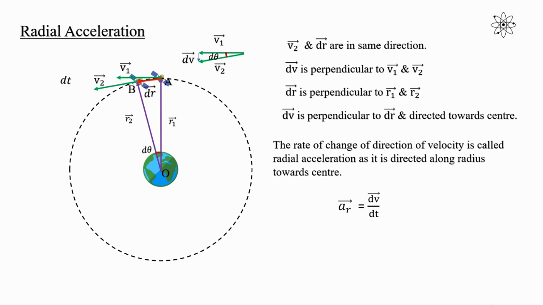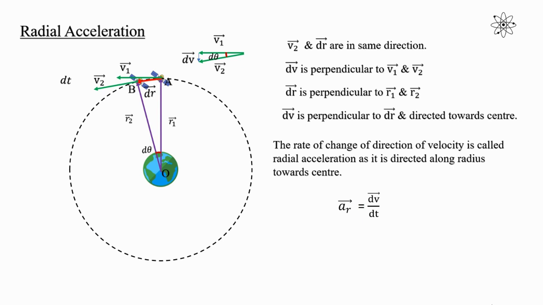Now you may understand, student, why the name of this acceleration is radial acceleration. It is because the given acceleration is directed towards the center along the radius. Hence, it is known as radial acceleration. One more name for this acceleration is centripetal acceleration, as it is directed towards the center.